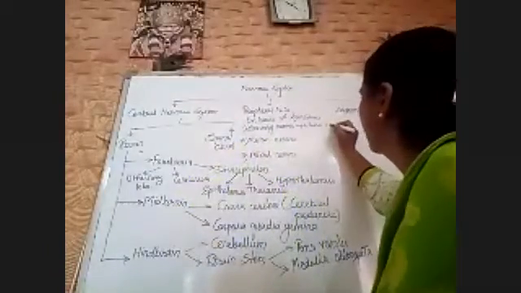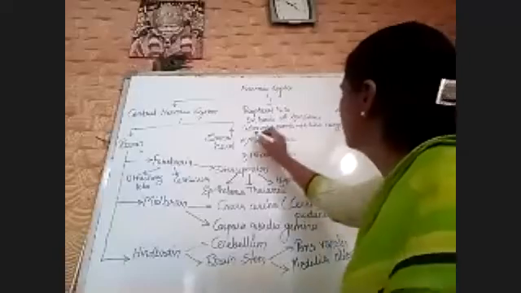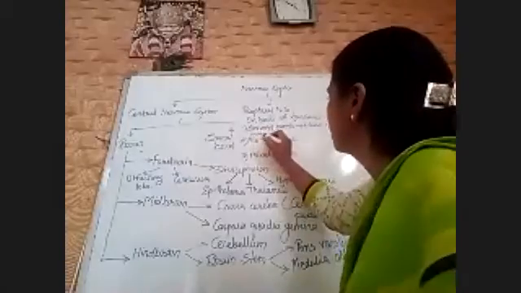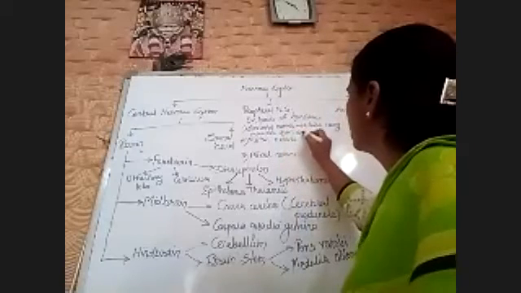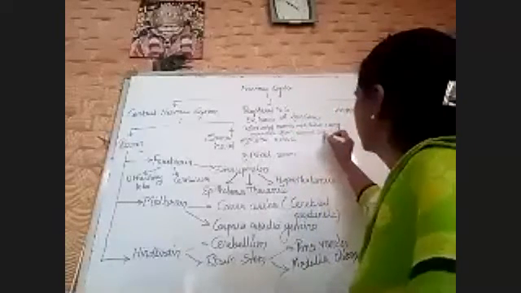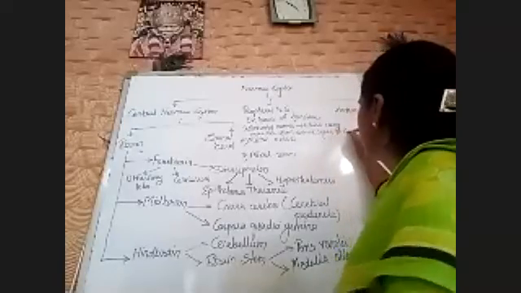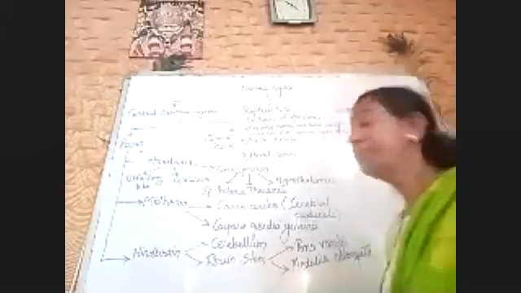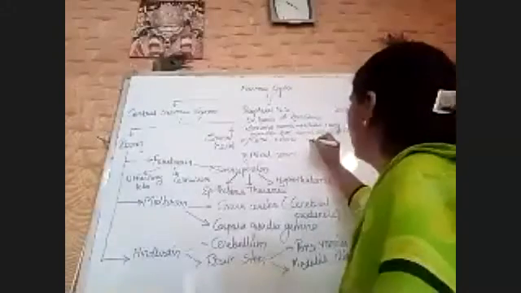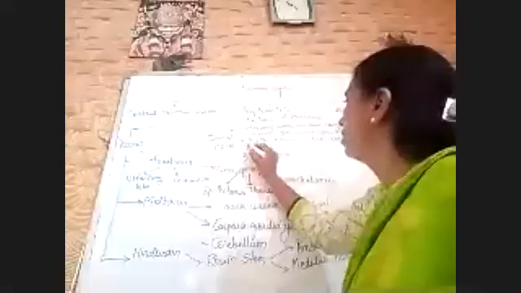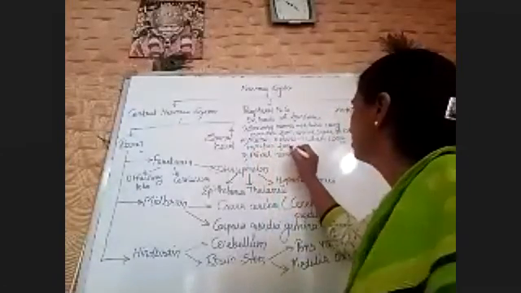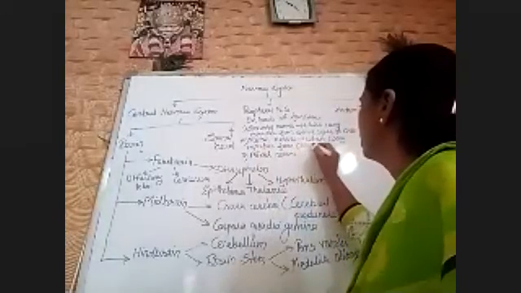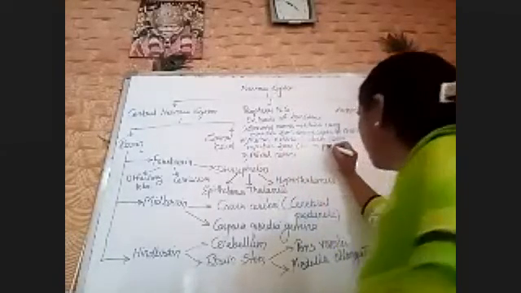Sensory, which carry impulses from sense organ to CNS, that is central nervous system. Motor, which carry impulses from CNS to peripheral part.